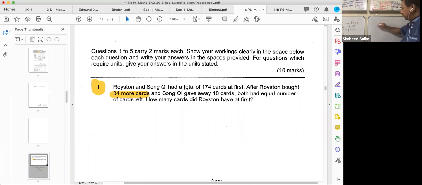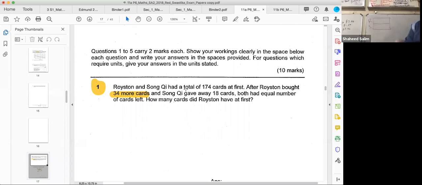So I draw in the end same amount. This is the same amount in the end. Royston, Songki. Can see, not? Okay. Now, then what happened? This is at the end. Before the end, Royston, he bought 34. So down here now, last time he didn't have this 34, this one is bought 34.